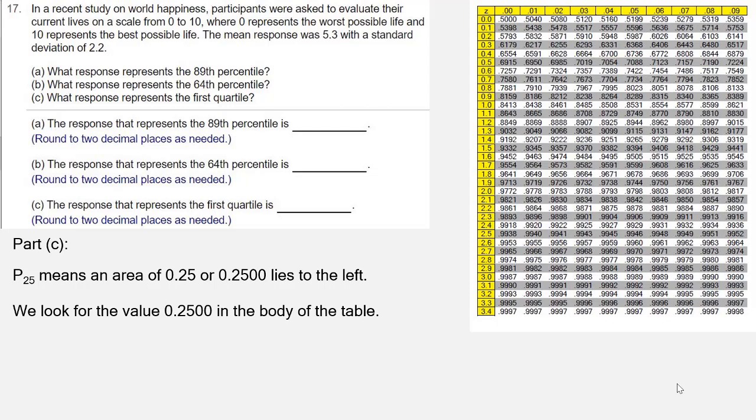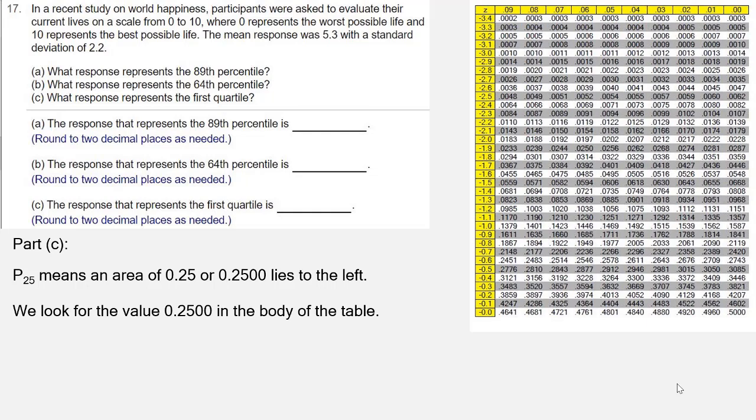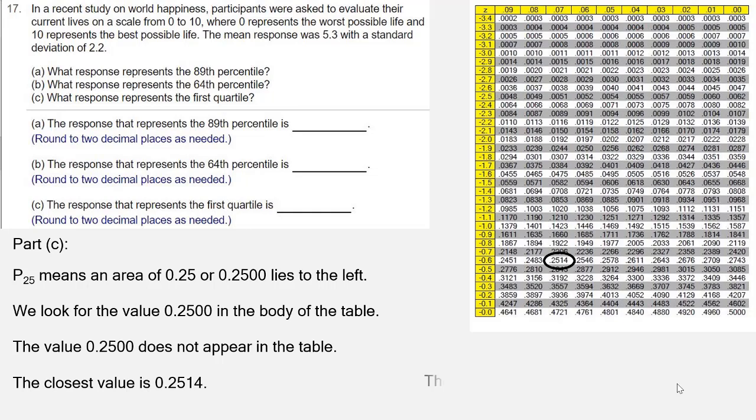But 0.2500 is less than 0.5, so we need the negative side of the standard normal distribution table. 0.2500 is not on the table, so we're going to find the value that is closest to it. That's going to be 0.2514, which corresponds to a z-score of negative 0.67.